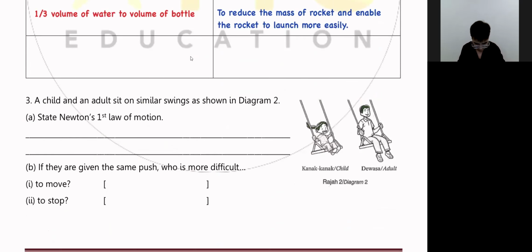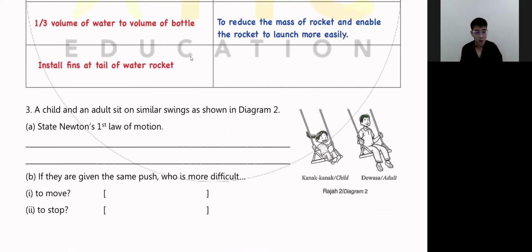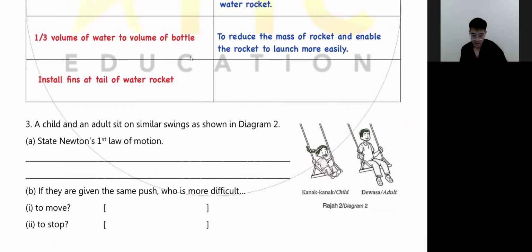Okay, this one, just write install. You write install fins at the tail of the rocket, or you can also use the word bottom. So at the bottom of the water rocket. Tail means bottom, at the downside of the rocket. And why?